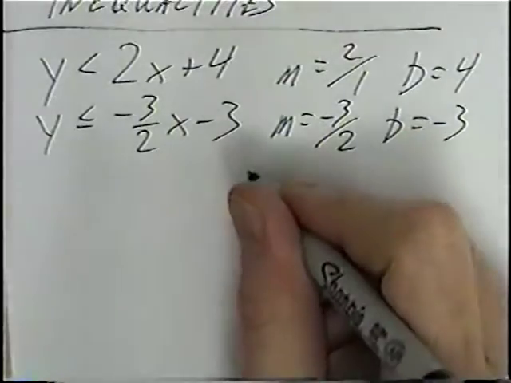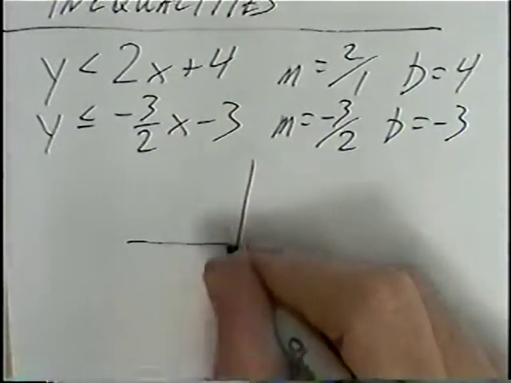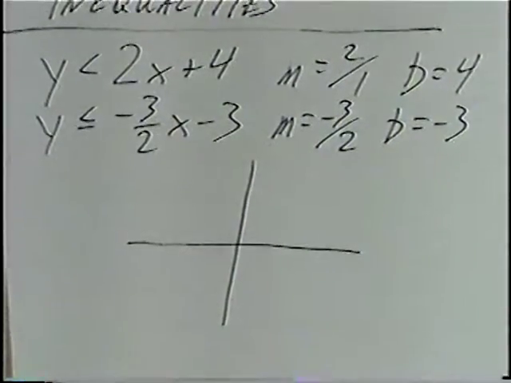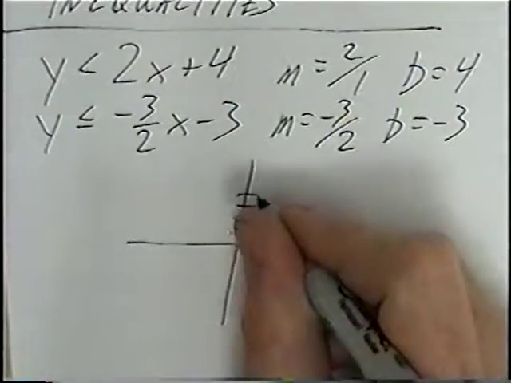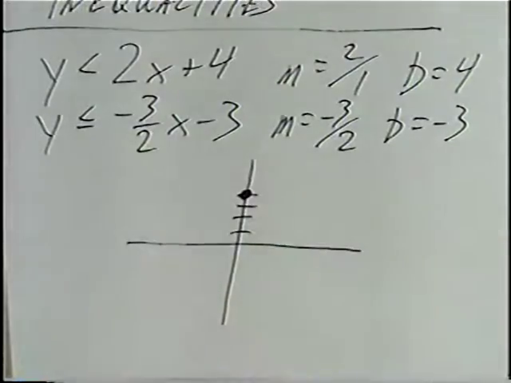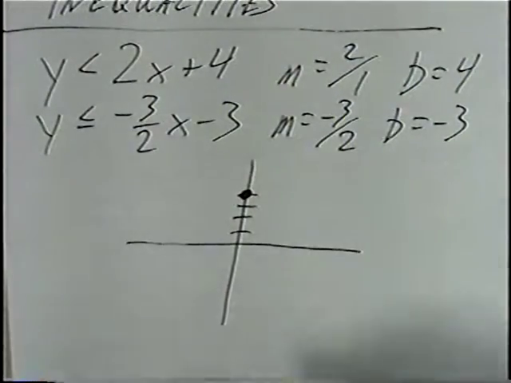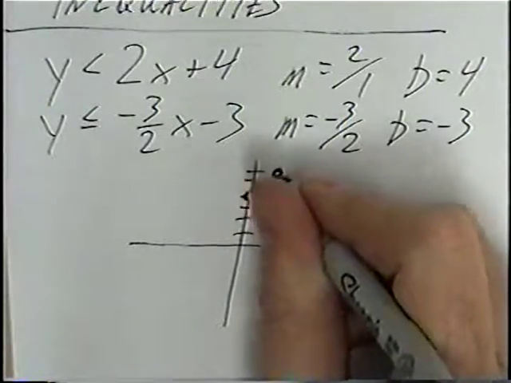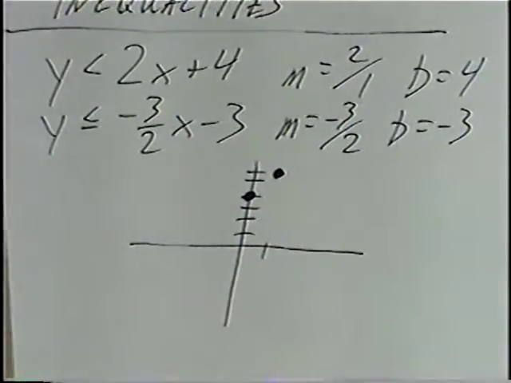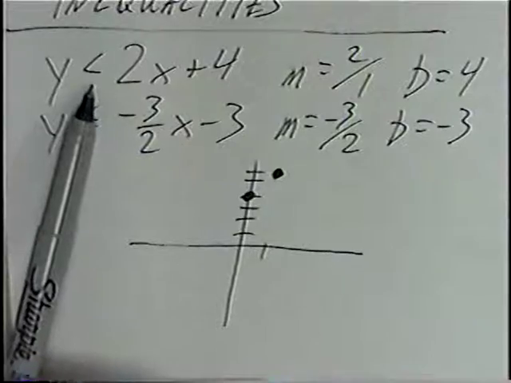Graphing, once we have the slope and y-intercept. The first inequality, the y-intercept is at 4. And the slope is 2/1, going up 2 spots and to the right 1 spot. This is an inequality graph. The inequality is less than.